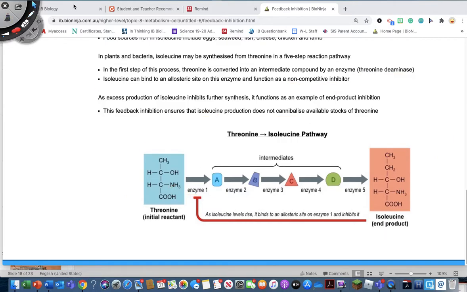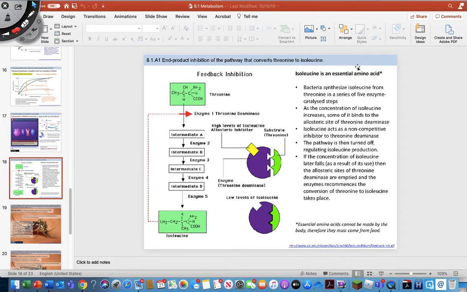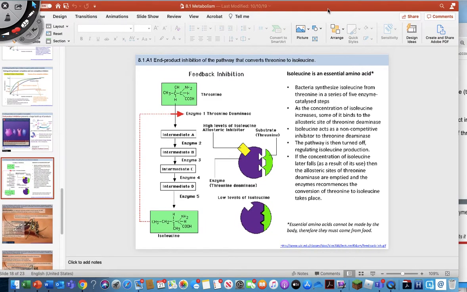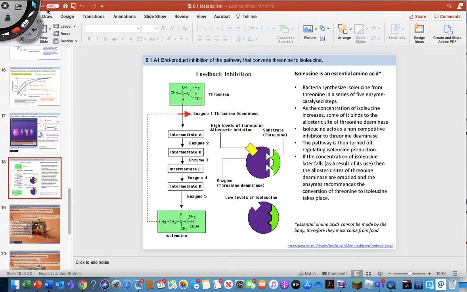In your PowerPoint, you also have the same example of how isoleucine acts like a competitive inhibitor, and it inhibits, by negative feedback mechanism, the conversion of threonine.